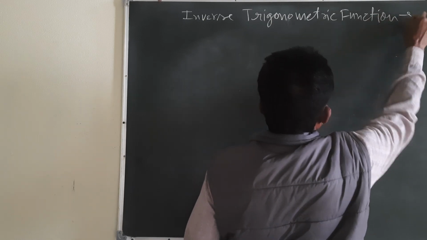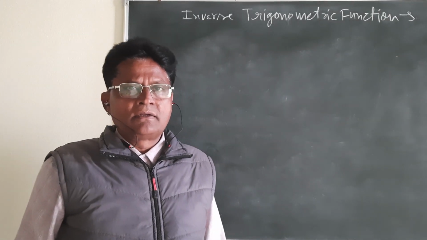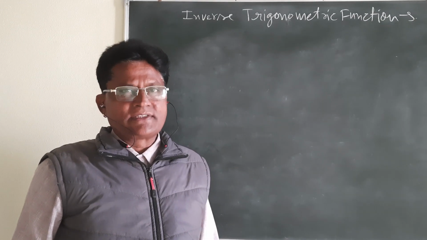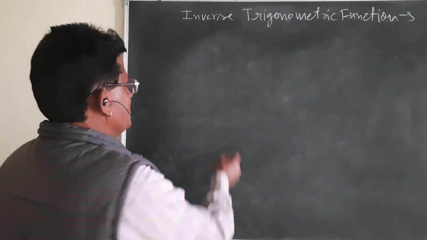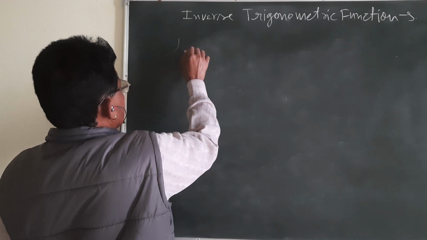My dear students, first of all you must understand the graph of sine as well as the principal value branches, or principal branches. Let me explain. First of all, I will draw the graph of sine.